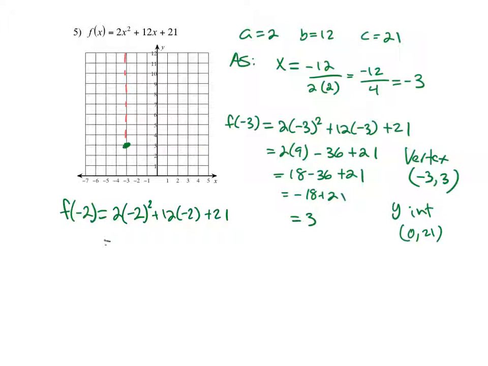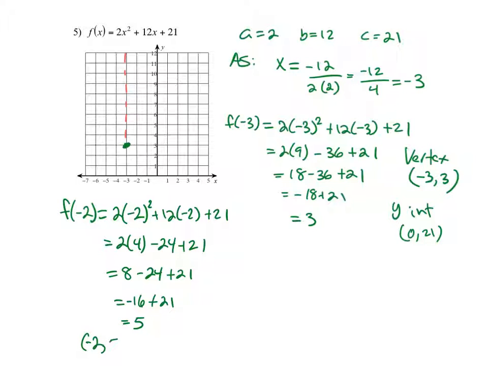So 2 times 4 minus 24 plus 21. 8 minus 24 plus 21. -16 plus 21 equals 5. So from here I have the point -2, 5. So -2, 5 is this point right here. Right? So that means that I'm going to mark it also over here on the left.